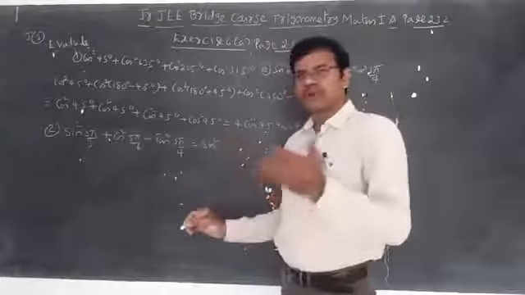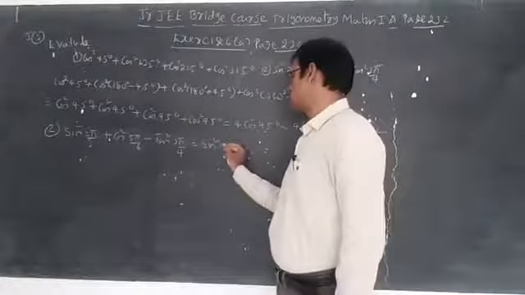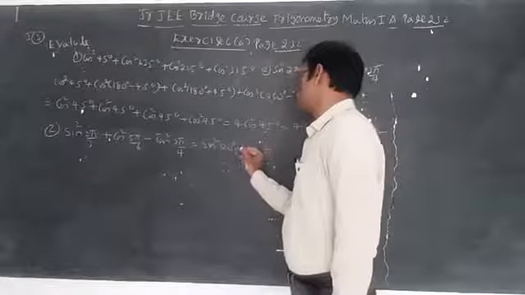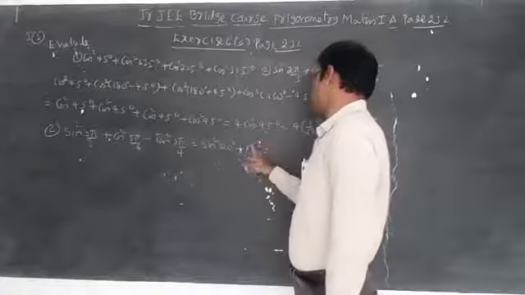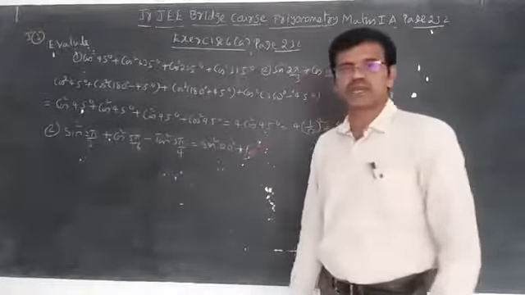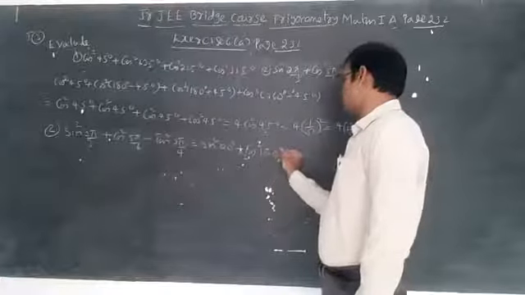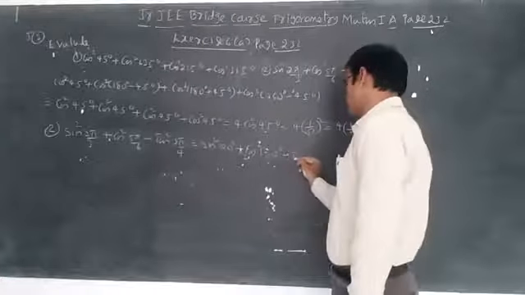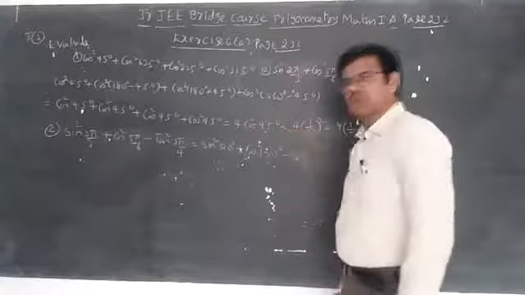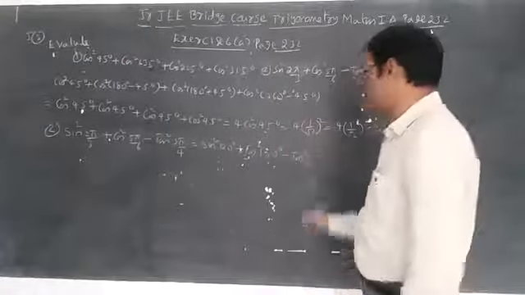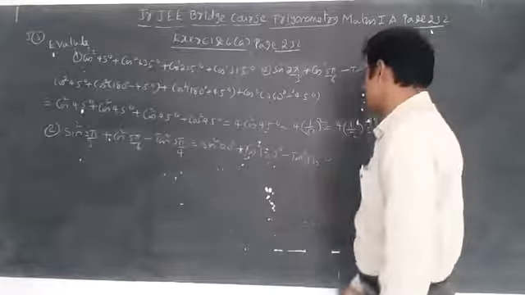So 2 pi by 3, pi by 3 means 60, so this is 120 degrees. Plus cos square 5 pi by 6. Pi by 6 means 180 by 6 is 30. So it is cos square 5 into 30 becomes 150. Minus tan square 3 pi by 4. Pi by 4 means 45, so this is 135. So tan square 135.